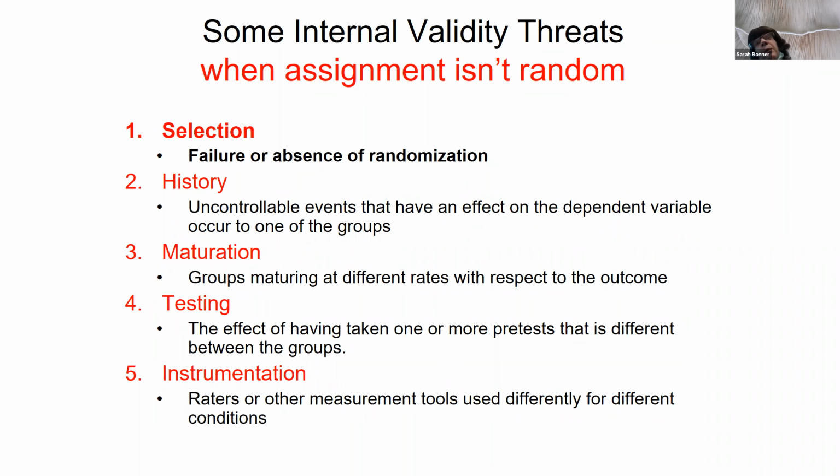And so then a comparison will make them look like they don't have a difference just because their developmental trajectory was lower anyway than other students. The opposite could happen.